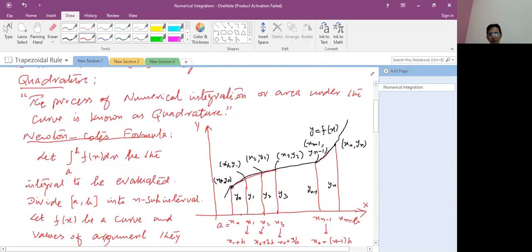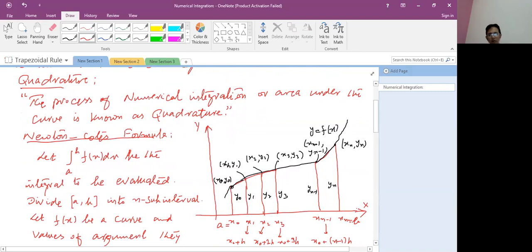If we consider the values on the x-axis, x0, x1, x2, x3, x(n-1) and xn, x0 is called the initial limit, which equals a, and xn equals the last limit, which is called b.